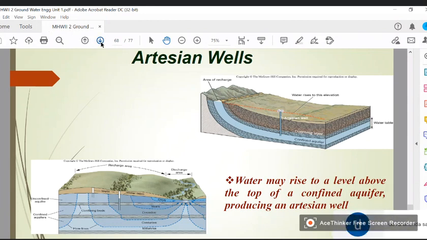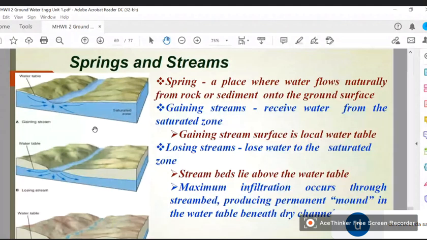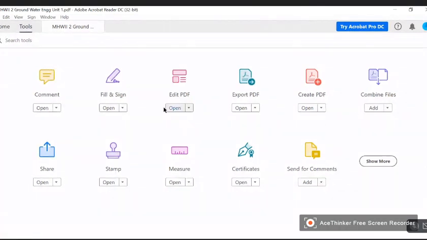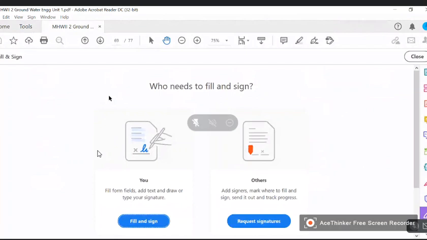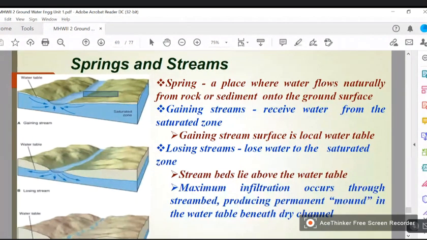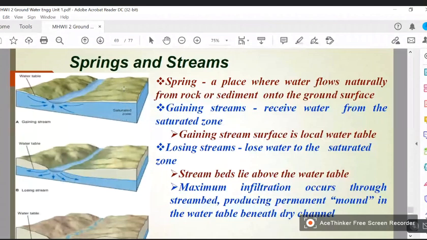Now, going to the difference between spring and stream. See, this is a water table. This is all the earth's surface. Now, when there is precipitation, it will percolate.